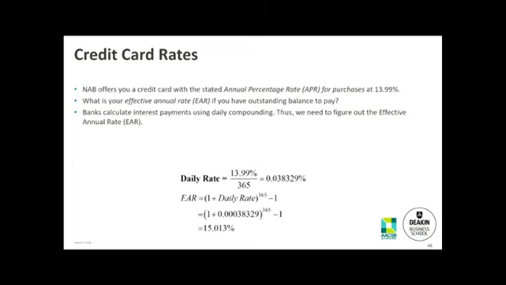Let's assume it compounds daily, because exponentials are very hard to calculate if you don't have a financial calculator. If it compounds daily, your EAR by calculation is about 15.013%. That's more than 1% above the quoted rate, isn't it? So the credit card interest rate is actually pretty high.